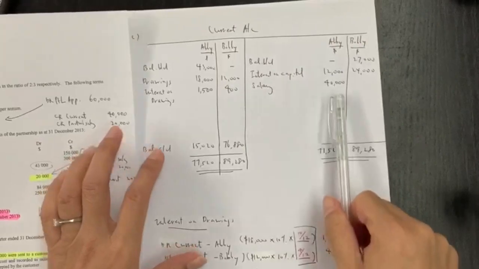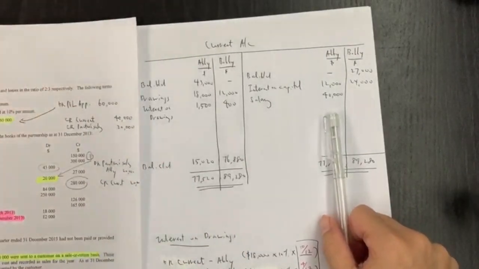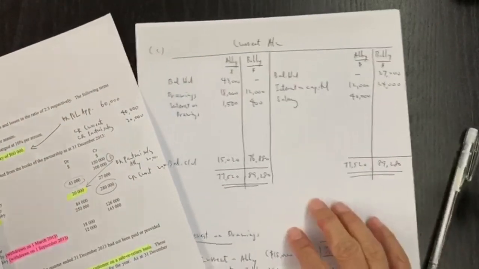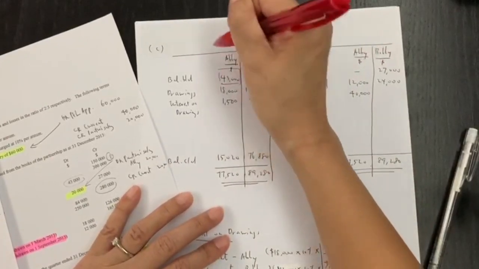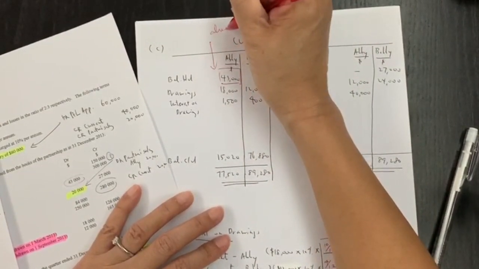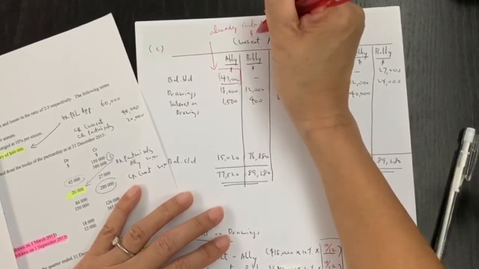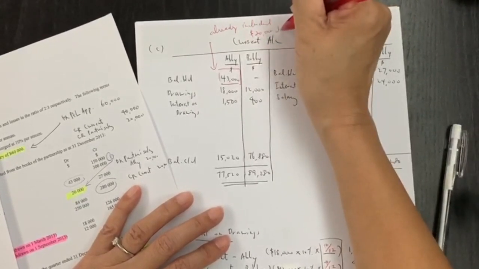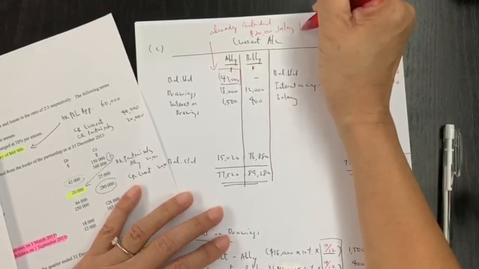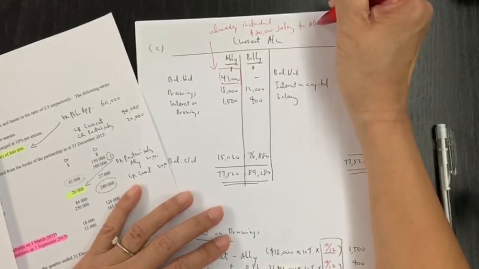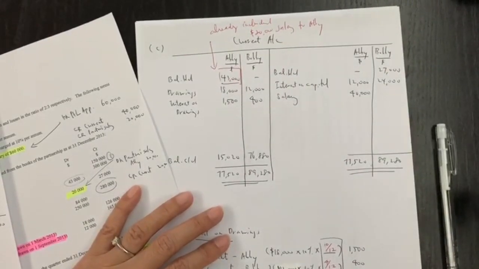Salary. So why 40 instead of 60? Because here already include 20 salary entitled to Abby. So this is it.